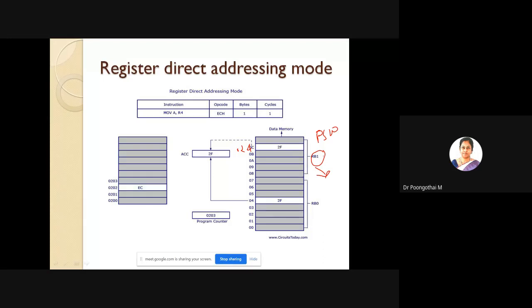So after execution, this value is transferred. Is it clear? So based on the bank selection, the data is transferred from register bank to accumulator. So this is for bank 0 and this is for bank 1. Any doubts?